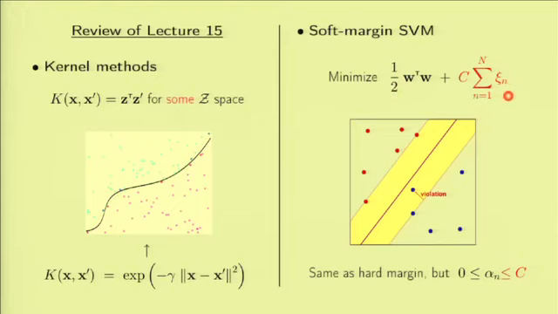Now, the good news here is that in spite of this sort of significant modification of the statement of the problem, the solution was identical to what we had before. We are applying quadratic programming with the same objective, the same equality constraint, and almost the same inequality constraint. The only difference is that it used to be alpha n could be as big as it wants. Now it is limited by capital C. And when you pass this to quadratic programming, you will get your solution. Now, C being a parameter, it is not clear how to choose it.